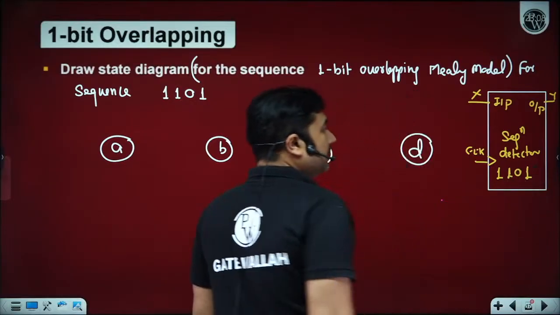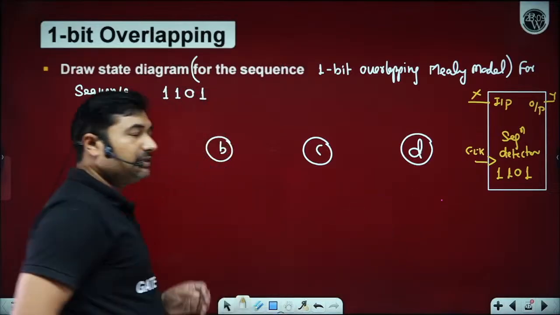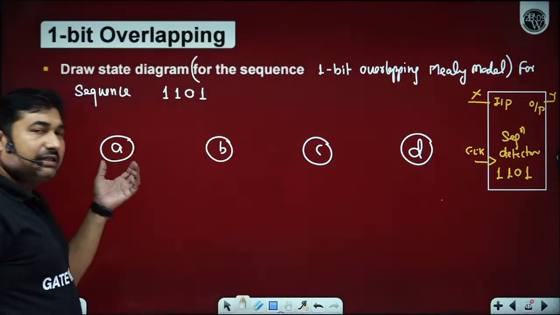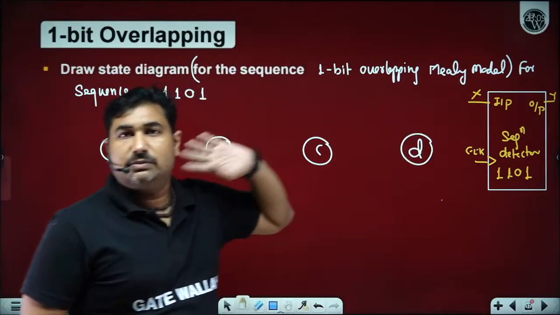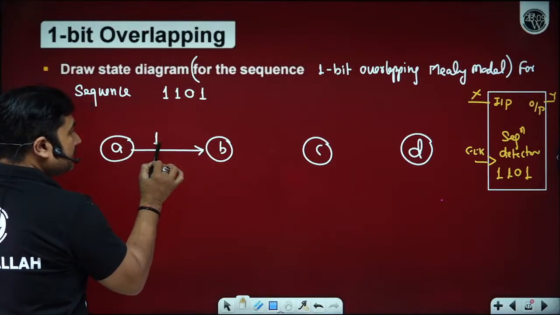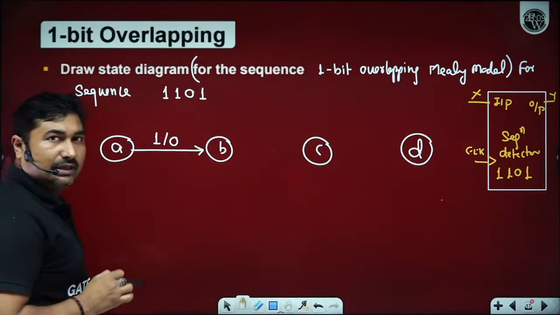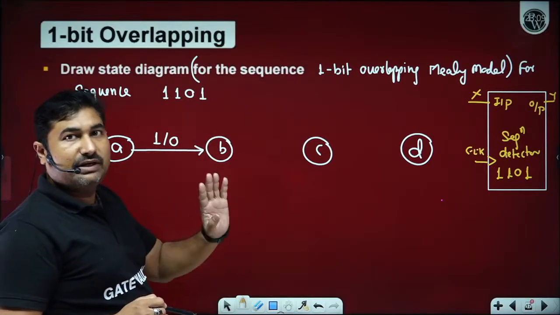We want to design a sequence detector 1101. Now please observe, same thing goes on. If you are on a state A, 2 possibilities of the input to X, maybe 0, maybe 1. If you are getting 1, you will reach the next state. Otherwise, output will remain 0 because unless the sequence got detected, output will remain 0.